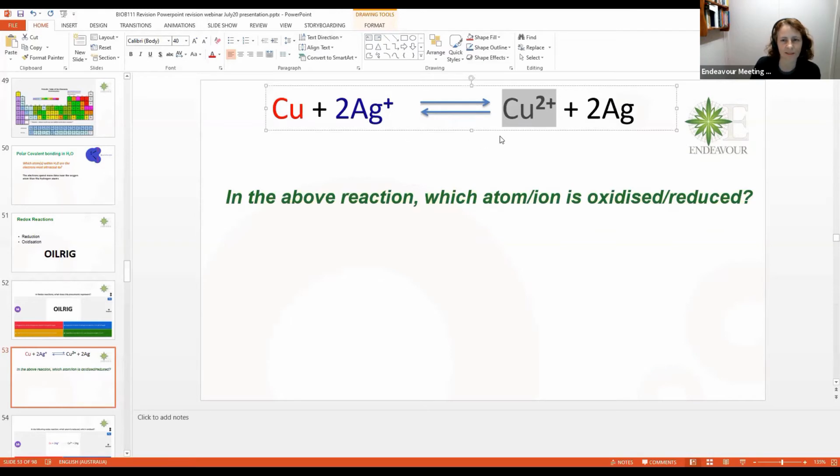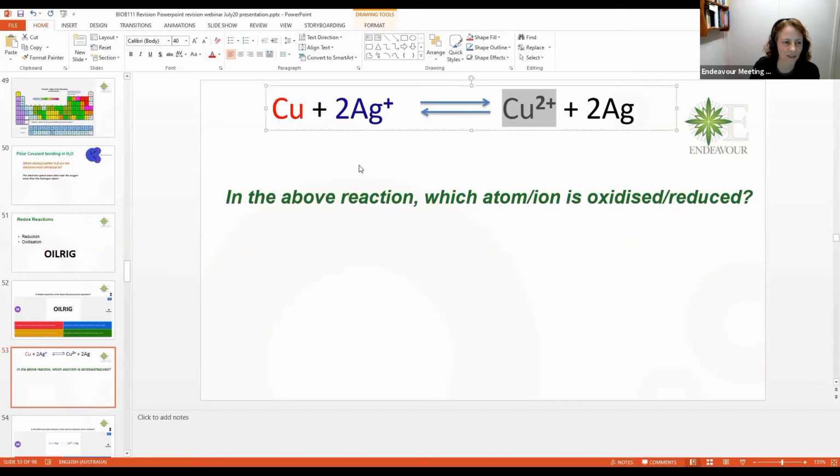So if copper has lost electrons to become Cu2 plus, is that oxidation or reduction? So oxidation is the loss of electrons or loss of hydrogen. So if copper has become copper 2 plus and it's lost electrons, is that reduction or oxidation?